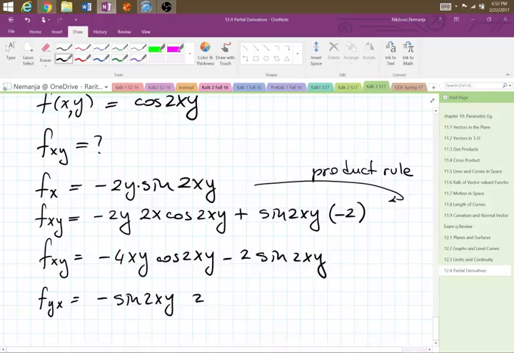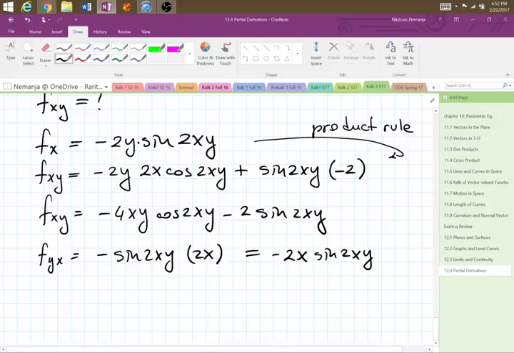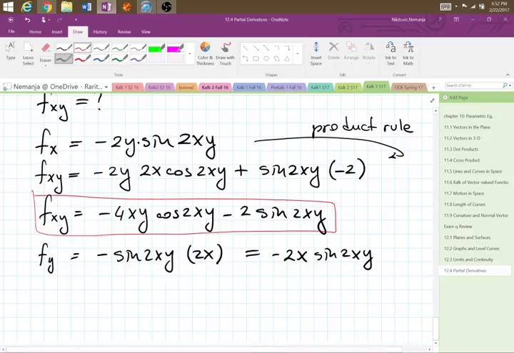So I hope you all started the problem with negative 2x sine 2xy. And then let me just box this final answer here. There we go.